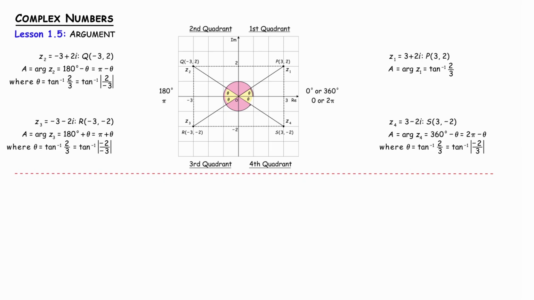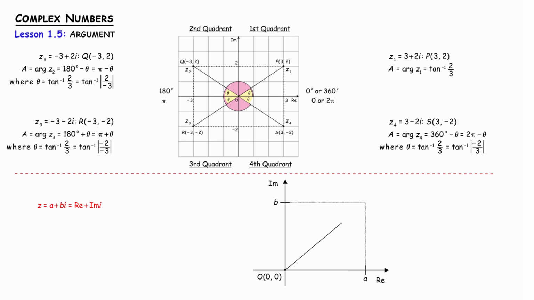Generalize the process where z is equal to a plus bi, which can also be written as z is equal to real part plus imaginary part times i. Plot z in an Argand diagram with P, A, B representing z.